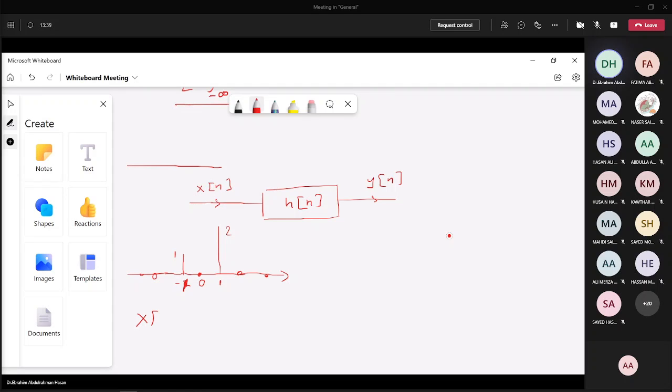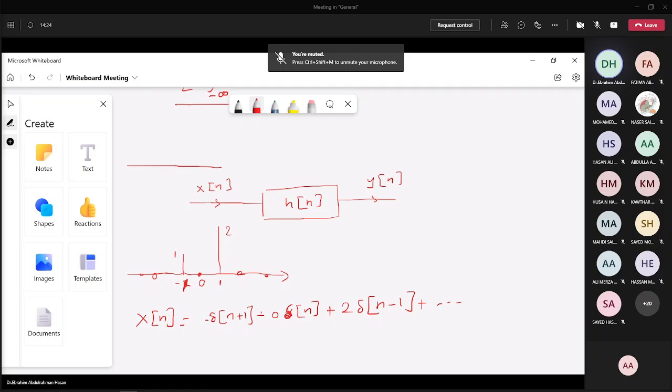Okay, then x of n, I can write it as: this one first, 1 multiplied by delta of n plus 1, then 0 multiplied by delta of n, plus 2 multiplied by delta of n minus 1. احنا ماشيين بهذه الصورة minus infinity to plus infinity.